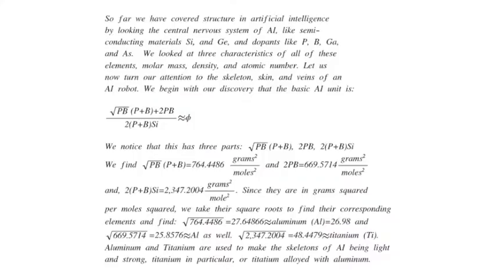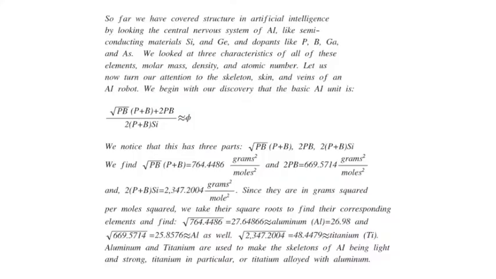We find that the square root of PB times (P plus B) equals 764.4486 grams squared per mole squared, 2PB equals 669.5714 grams squared per mole squared, and 2 times (P plus B) times Si equals 2,347.2004 grams squared per mole squared.